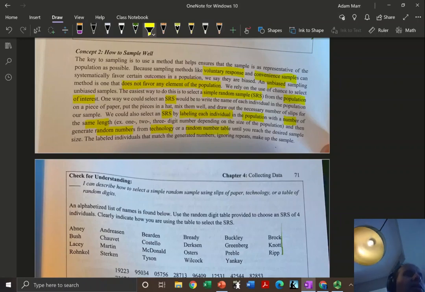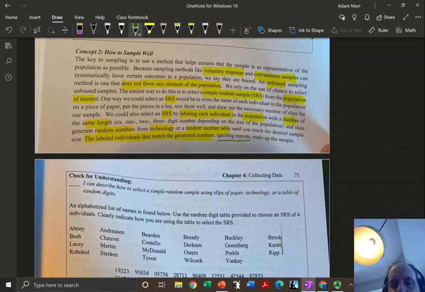In class, we did a random number table, but there is a way to do it with a random number generator on your calculator. The labeled individuals that match the generated numbers, ignoring repeats, make up the sample. So make sure when you're describing this that you say you want to ignore repeats.